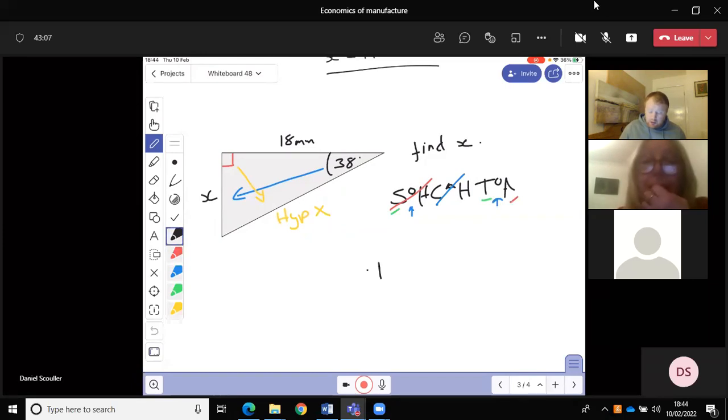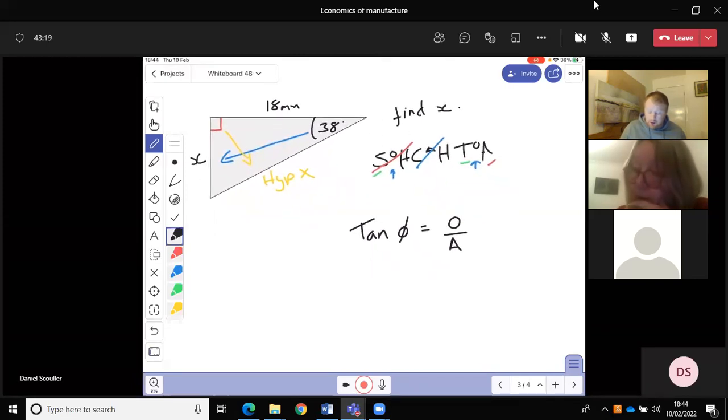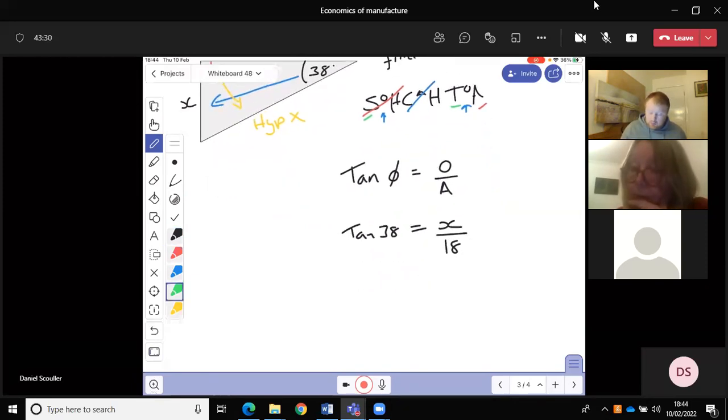The rule we're going to use: tan of the angle, so I'm just using that Greek letter theta again, equals opposite over adjacent. Putting in your numbers, tan 38 equals opposite, which is the missing side, over adjacent, which is 18. Bringing 18 across in the same way we did last time, it becomes 18 times tan 38, and that will equal x.